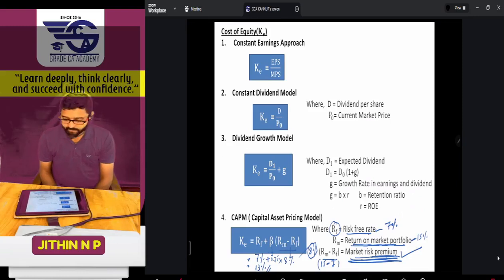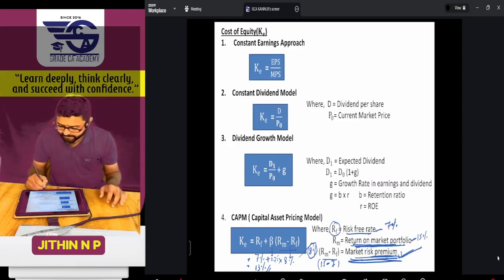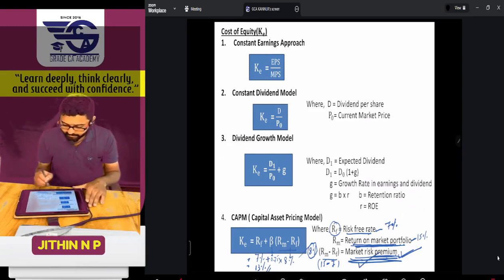In some cases, instead of giving the market risk premium, they may give the return on the market portfolio. If the return on market is given, you should find RM minus RF. If the question specifically gives market risk premium, you should consider that as RM minus RF. Clear?